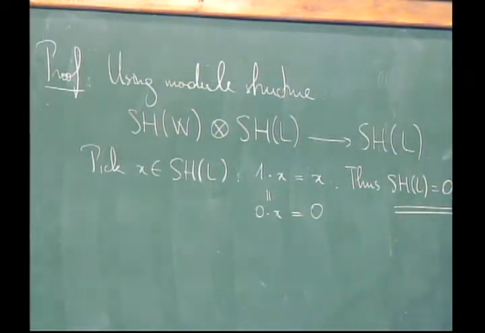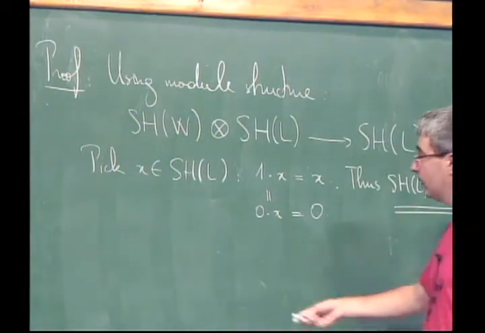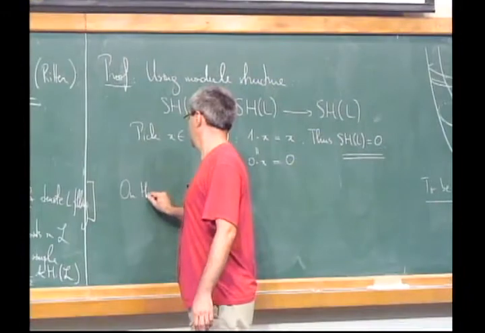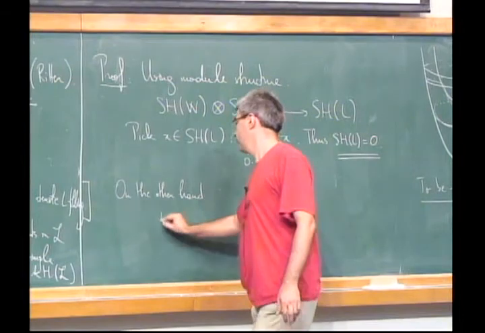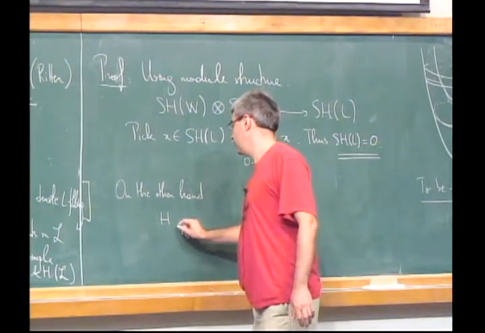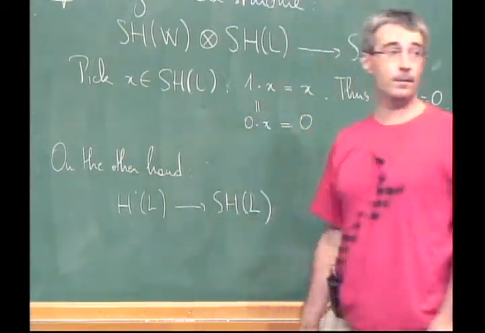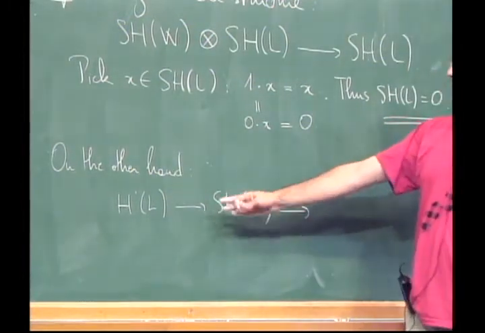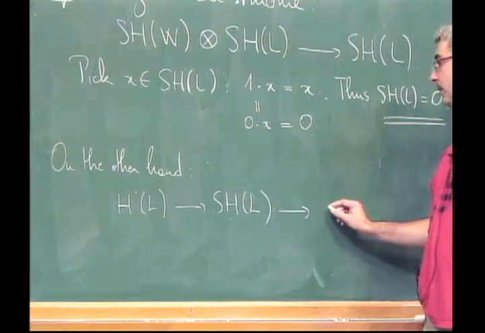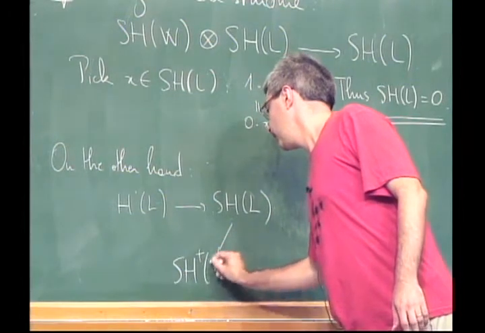But that's very interesting, because on the other hand, we have this map, the cohomology of L going to the symplectic homology of L. Of course, I can even insert this map into a long exact sequence where this thing I will write as a plus version.